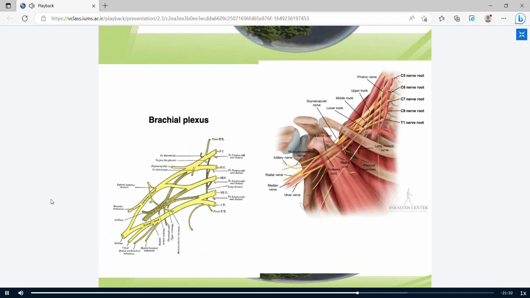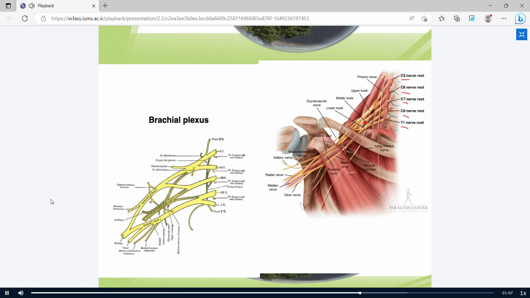Another component in the neck is the brachial plexus. The brachial plexus is formed by C5, C6, C7, C8, and T1, and it has trunks and cords in the upper extremity or upper limb.